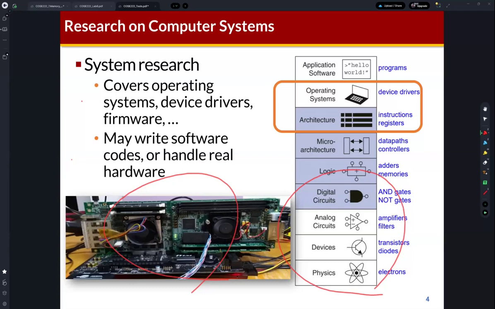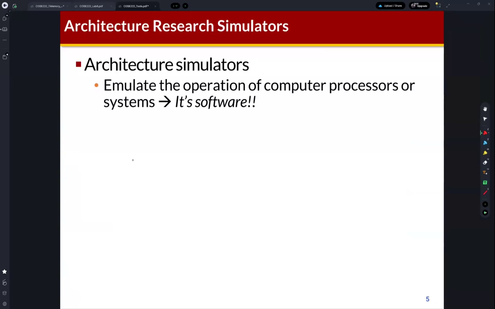So in order to debug the hardware design, we may need to check the electric signal on this board, right? So it's not easy actually. So for this architecture research, we can use the simulator.